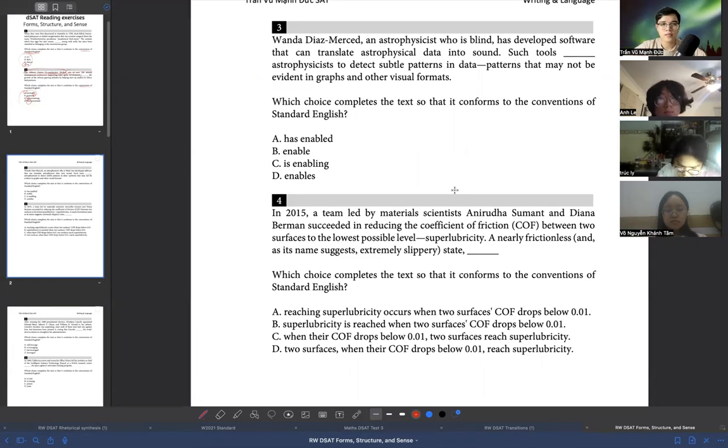B. Exactly. What is the subject? Tools. Such tools, right? This is plural, right? Jump to 4.